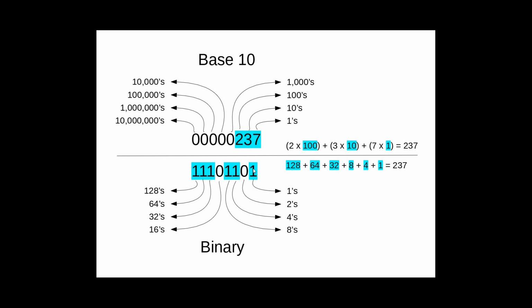Same way, except here you either have it or you don't. It's not that you multiply by 7 or whatever. So that's the basics of how binary numbers work and how to count in binary. It's important that you have this rudimentary knowledge of how binary works if you're going to be a good programmer.